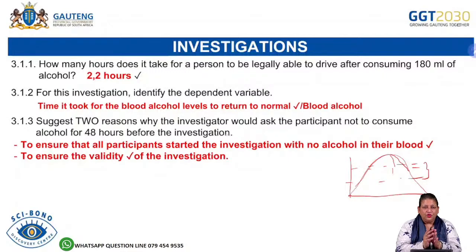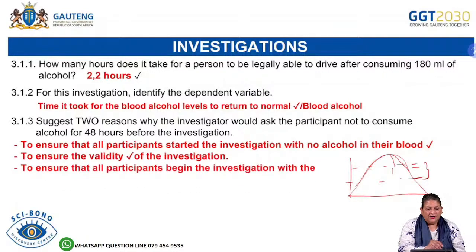We want the alcohol to only be in the blood from what is given during the investigation. We don't want alcohol in the blood before the investigation because it's going to give a wrong value of whether there's a tolerance range or not in the person's blood. Is he able to legally drive now? Okay.